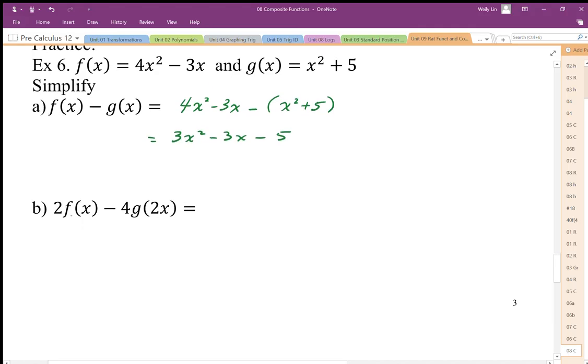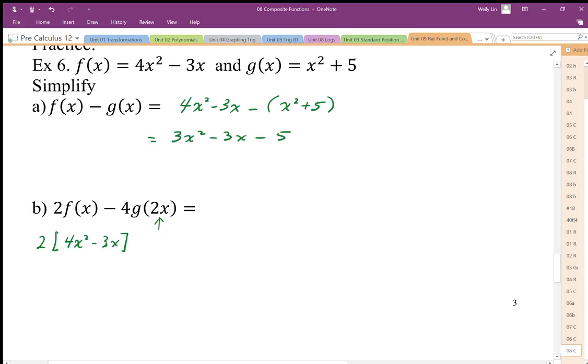Here we have some combined functions, but we also have an embedded function that we have to treat like a composite function. So we take 2 times f, which is 4x squared minus 3x.